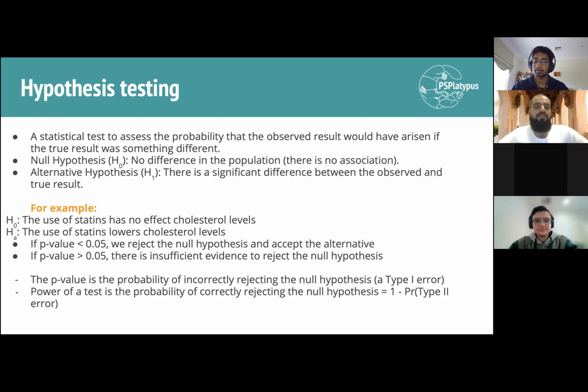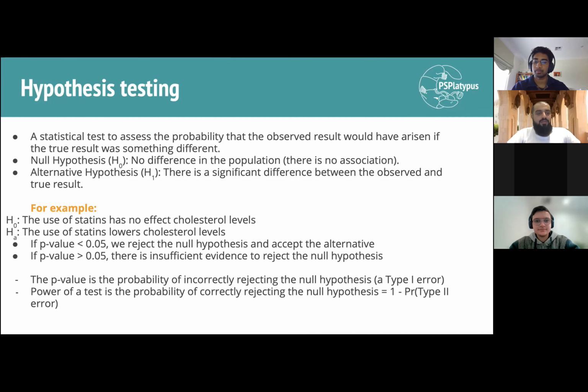The null hypothesis is where there is no difference in the population and there is no association between the two variables or two samples we are observing. However, the alternative hypothesis indicates that there is a significant difference between the observed and true result.